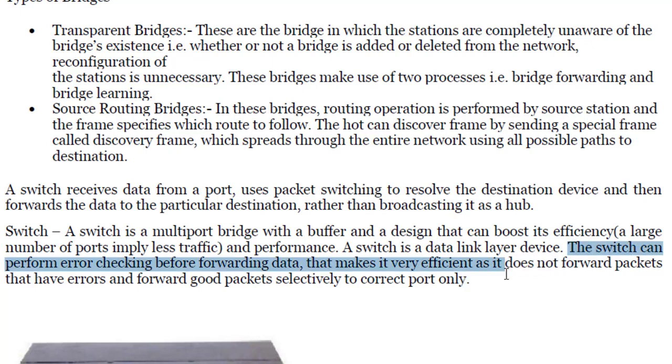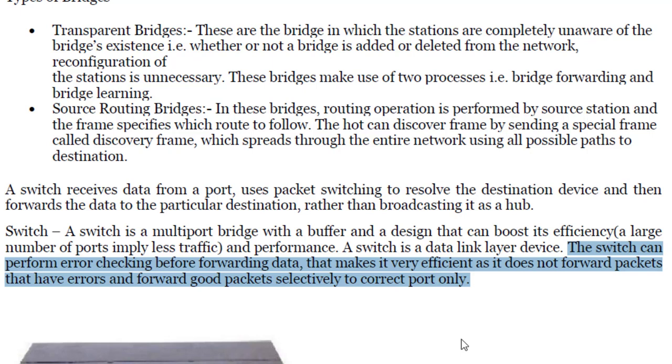So this is what makes the switch or the bridge intelligent compared to hubs and repeaters, because the switch filters and performs data forwarding, making it efficient for data and packets to flow through the network.